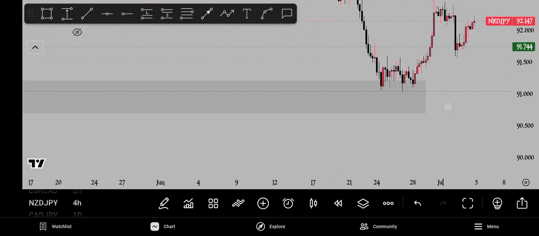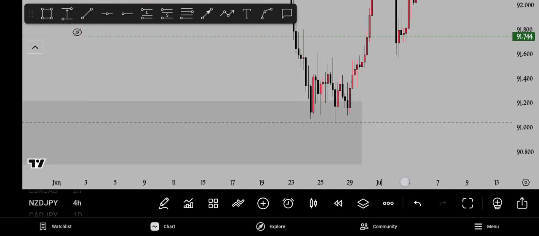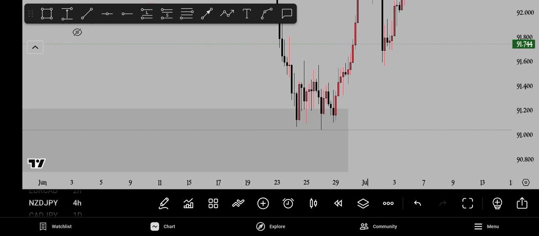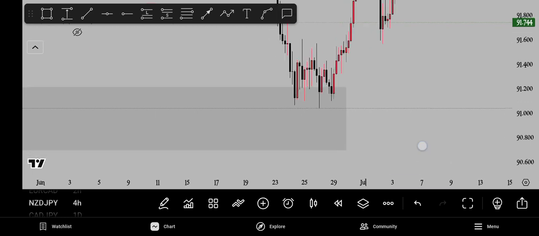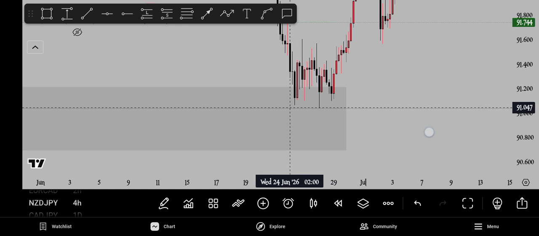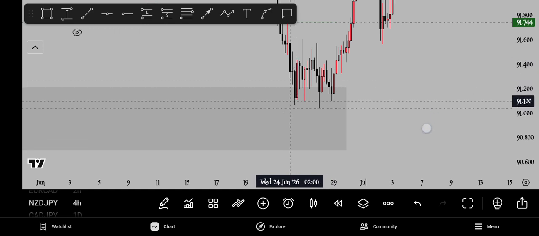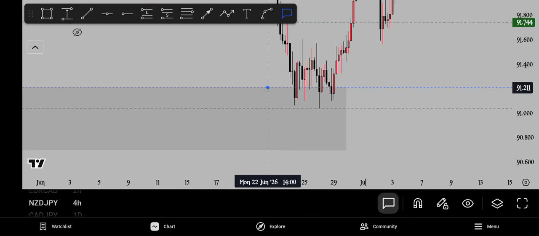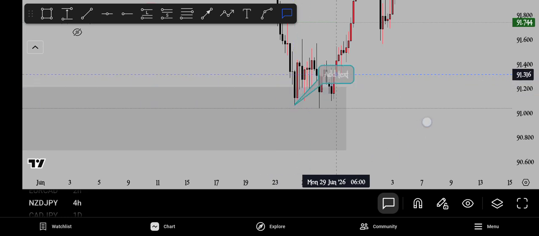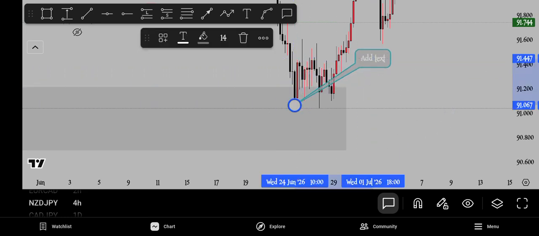So after marking out the daily zone, we had what? Our first mitigation. This was where our first mitigation happened on the zone. Anyway, this is taking time to respond.